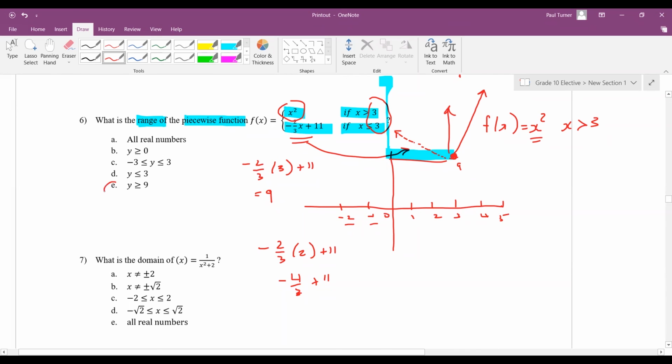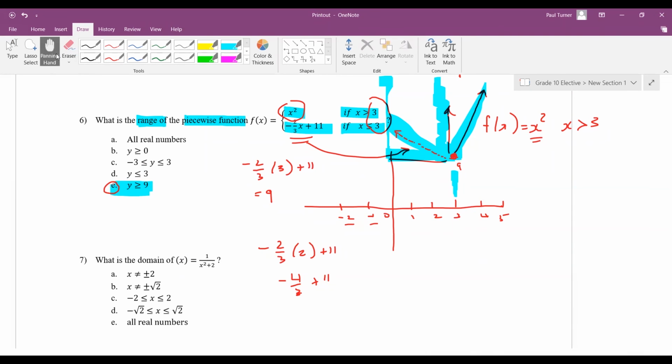So that would be this one here. y is greater than or equal to 9. So your graph exists up here to infinity, going this way or going this way. So 9 is the lowest point. There's no graph down here, is there? Okay, so that's why we get y greater than or equal to 9.